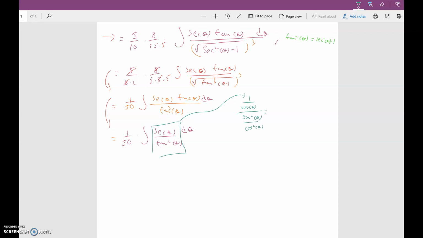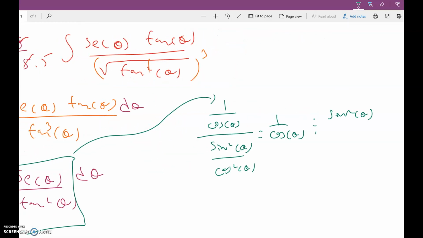And let me just rewrite it as 1 over cosine of theta divided by the sine squared of theta over the cosine squared of theta, which is equivalent to 1 over cosine of theta times the cosine squared of theta over the sine squared of theta.